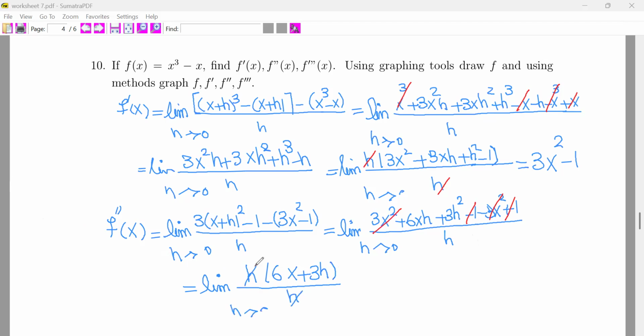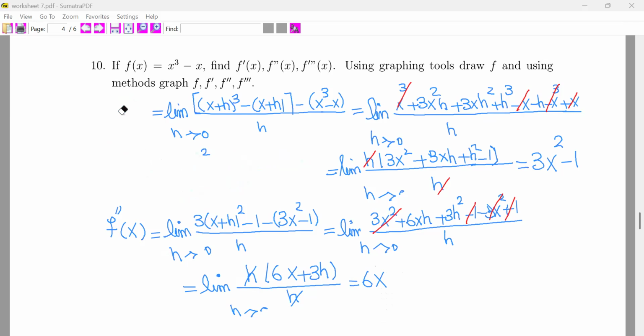Then we can cancel these two. We would plug in 0 for h, and then 6x is the answer. Next part, let me erase all these that we have here for the first one. Next part, the next derivative is going to be based on the one that we already found here.